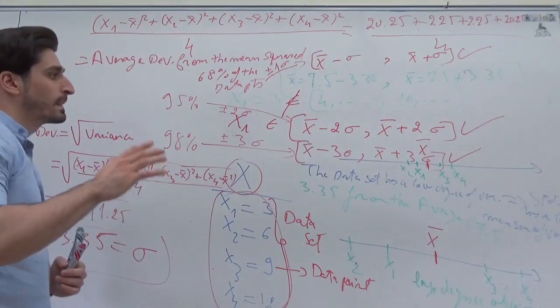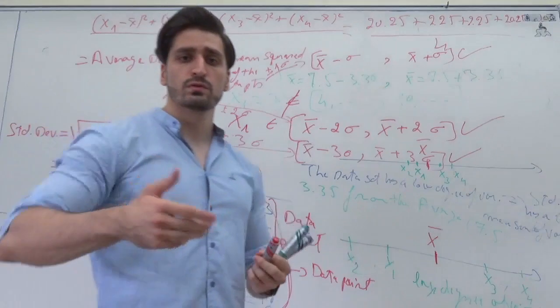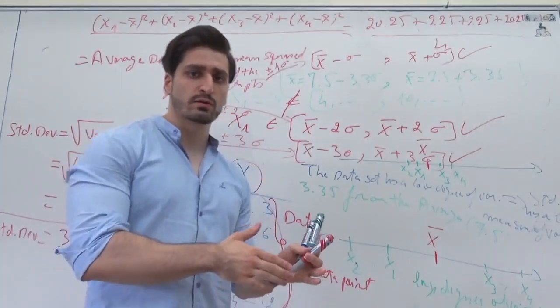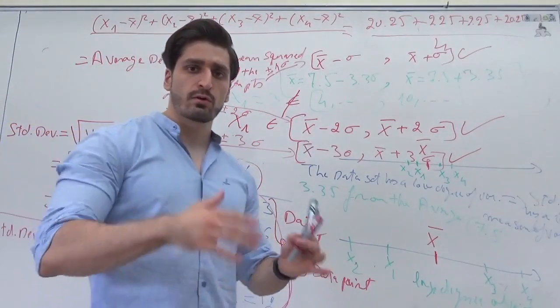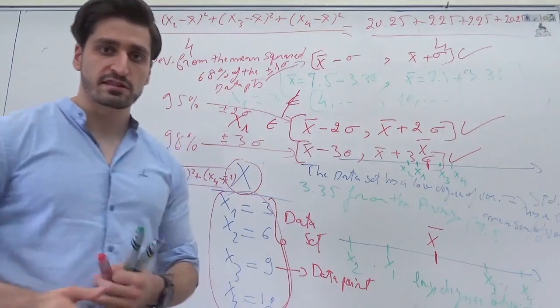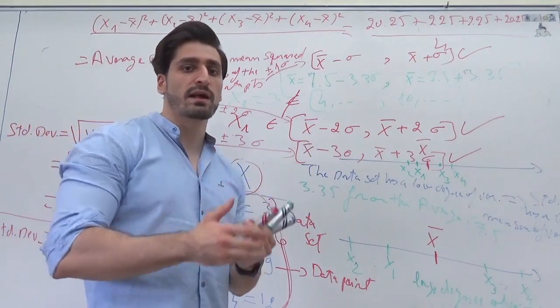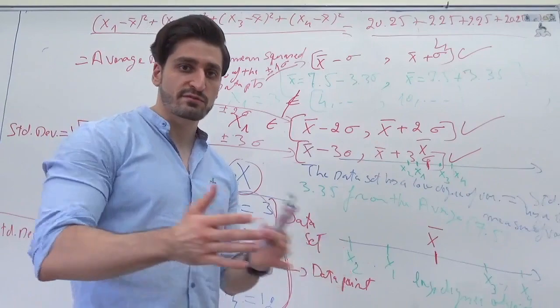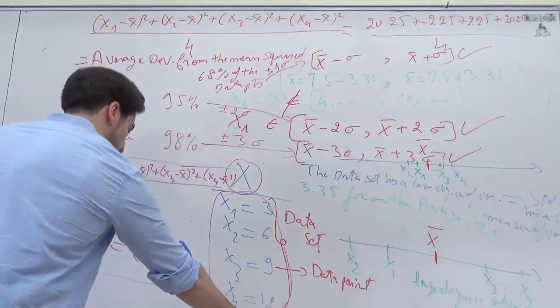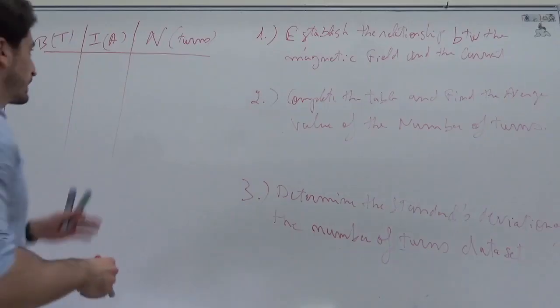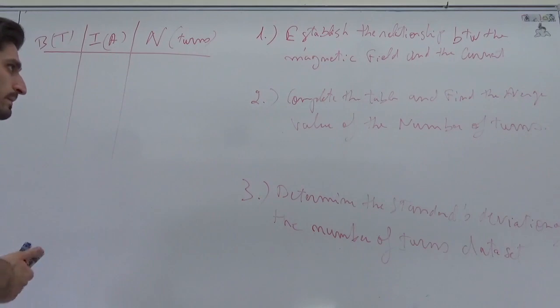Let's move on. Now we are going to do another example, which is going to be related strictly to physics, where you are going to be applying the standard deviation, in order to understand the notion behind it quite better when it comes to physics problems. So we are going to be solving a problem related to magnetism.